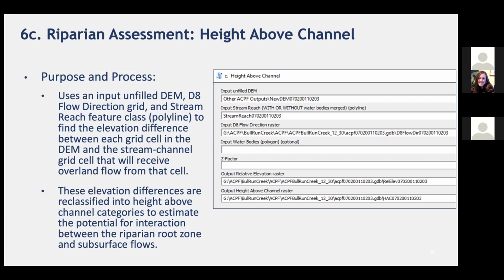So these elevation differences that we identify in this step are reclassified into height above channel categories, which are important because they estimate the potential for interaction between the riparian root zone and subsurface flows. And this height above channel step really impacts the functionality of these riparian polygons, which we'll talk about in the next step.